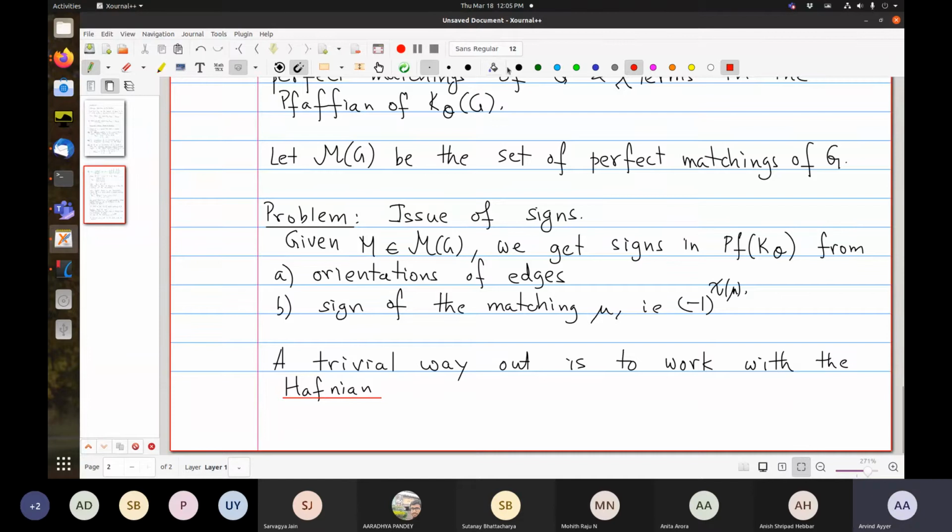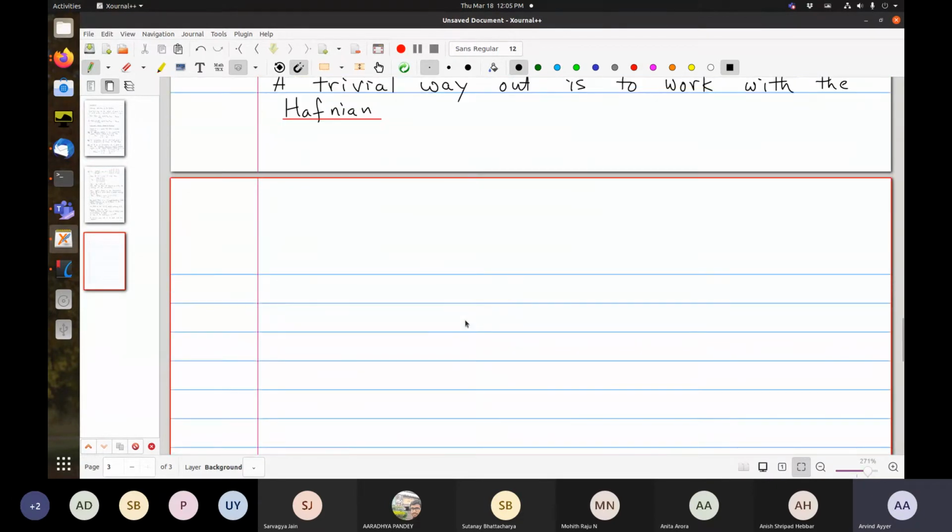So what is the Hafnian? That's the analog of the permanent.